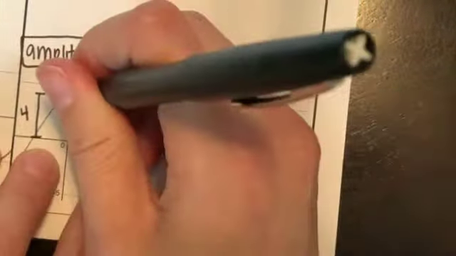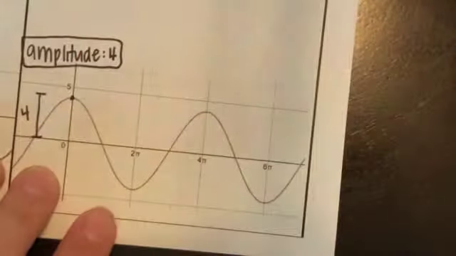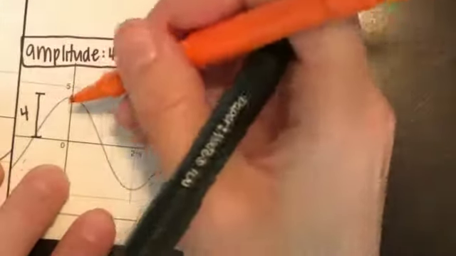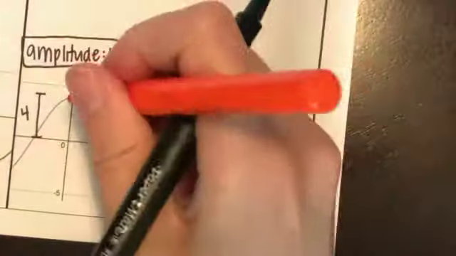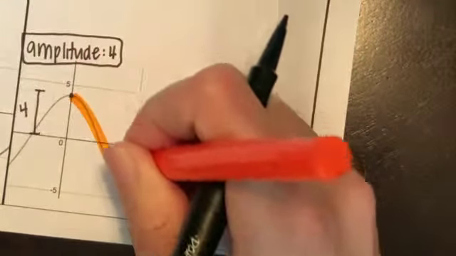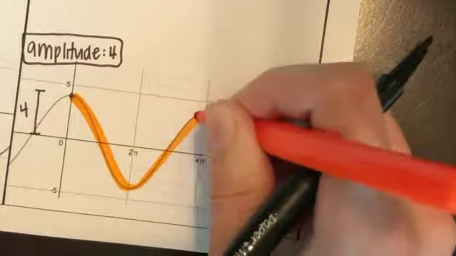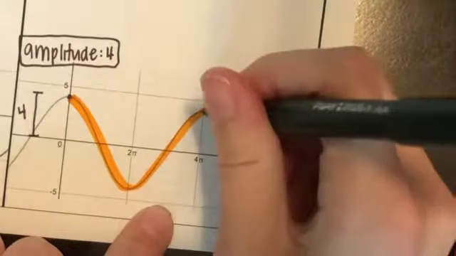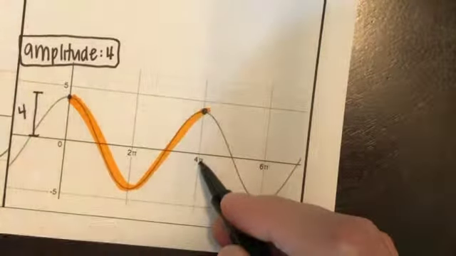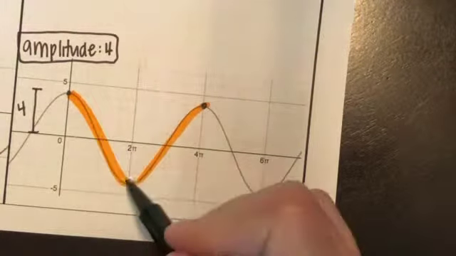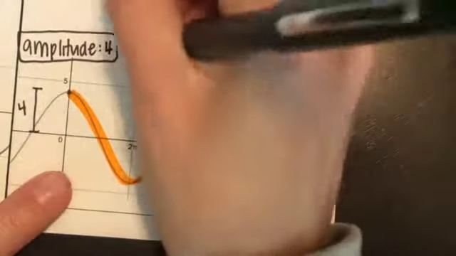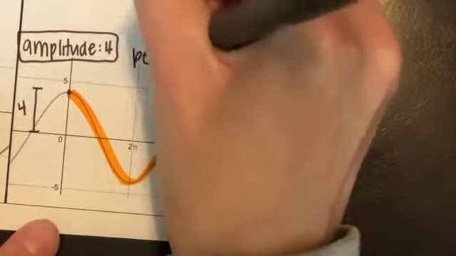If I'm starting here, it's going to be my cosine graph. It goes one full cycle through to here, and it ends at 4 pi. So it went 1, 2, 3, 4, 5. My period then would be 4 pi.